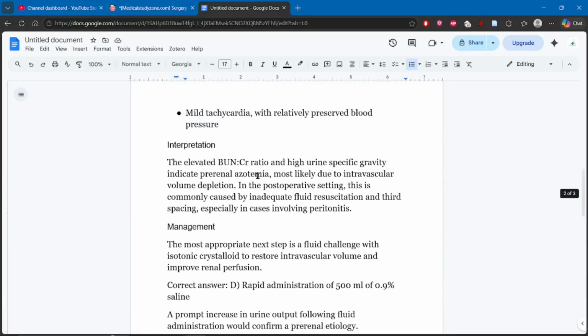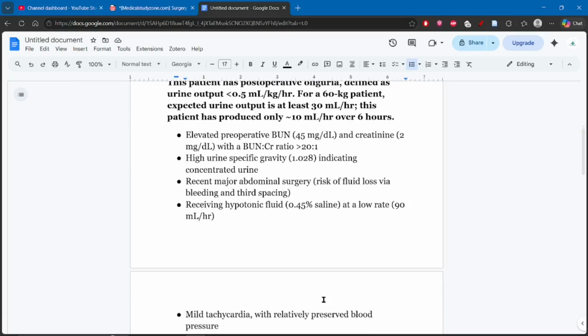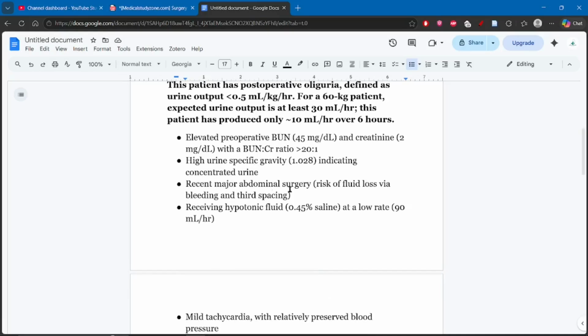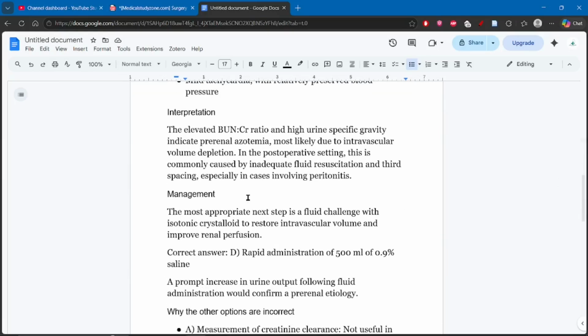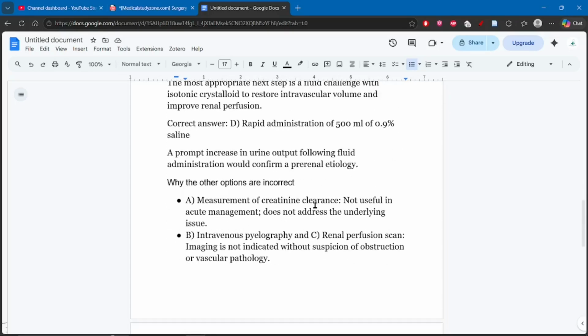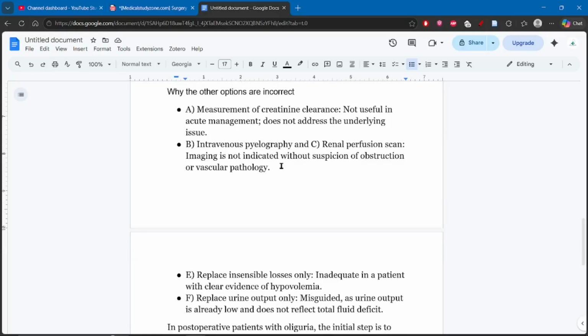I have also some notes here that I've written, and you can read them if you want to, but these are all the same things that we discussed. And why the other options are incorrect? Because again, this is not useful in the acute management. These are not practical in this case scenario.